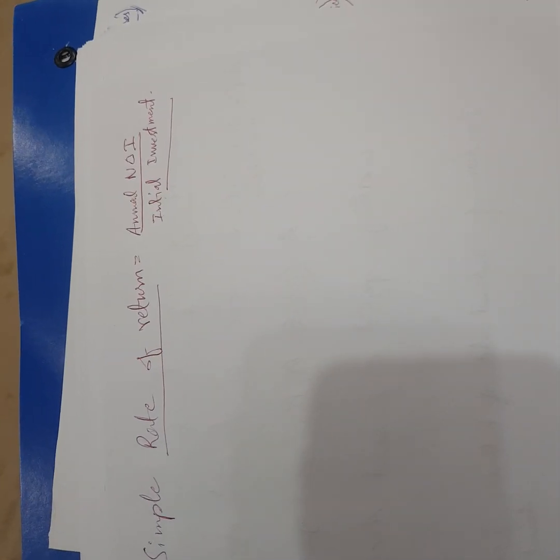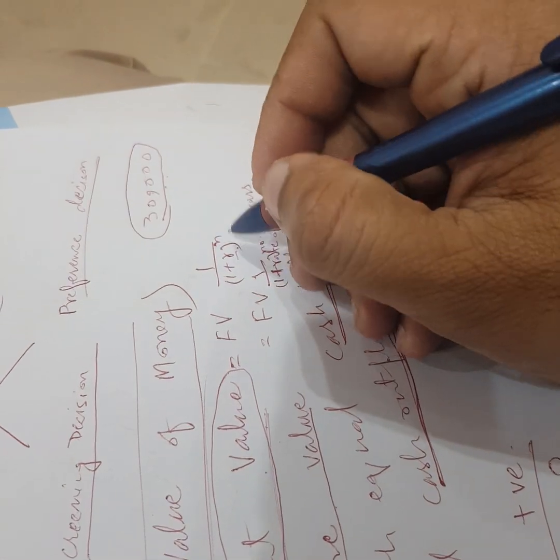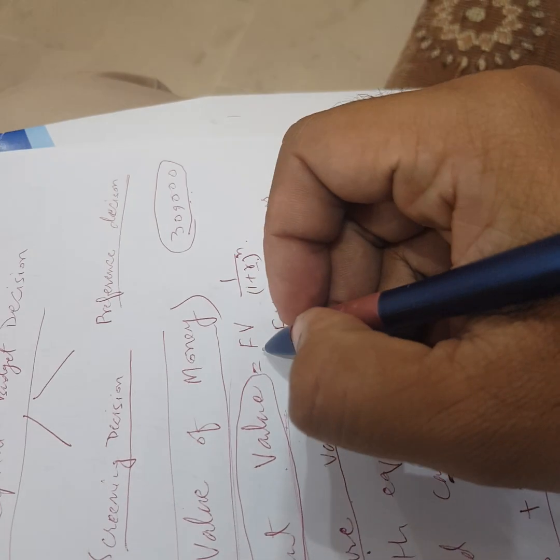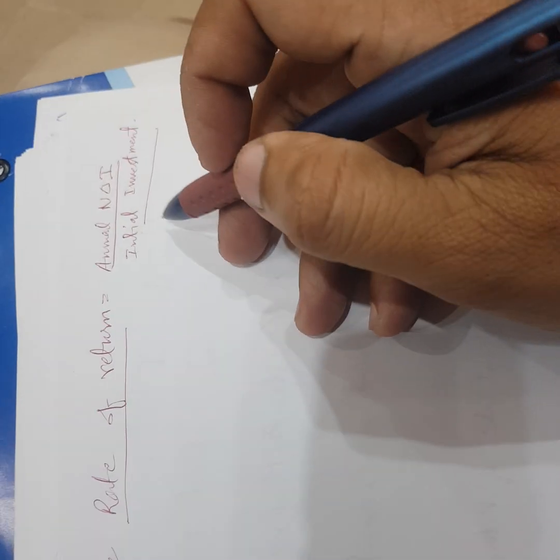The simple rate of return formula was criticized because time value of money contains the rate of return and the number of years included. In the present value formula, the rate of return, the number of years and the future value were there, but in simple rate of return calculation, only net operating income and initial investment amounts are taken.